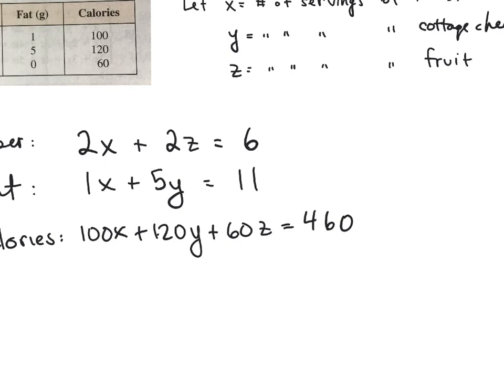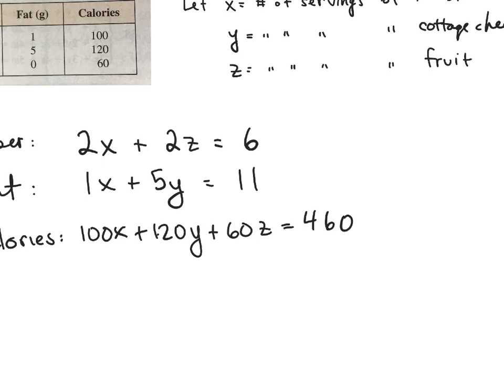And this is not uncommon when we're solving a system of 3 equations. Sometimes some of the equations are missing variables, and that's okay. So we would now solve this system of equations using the elimination method, using the same steps that have been shown on the other examples.